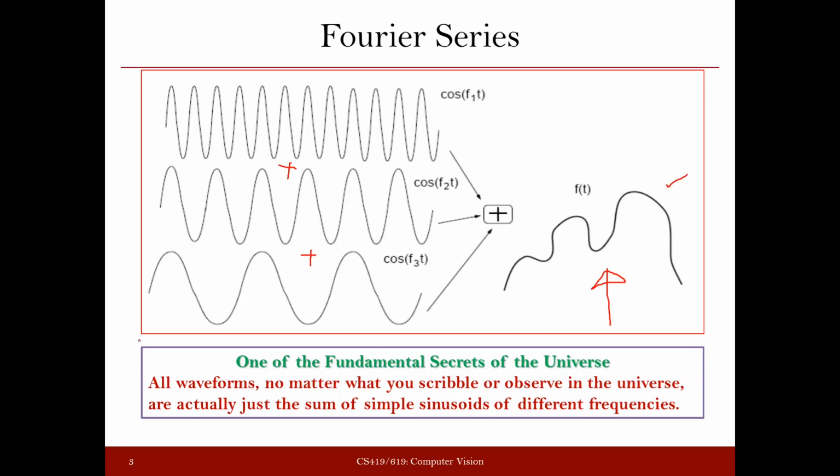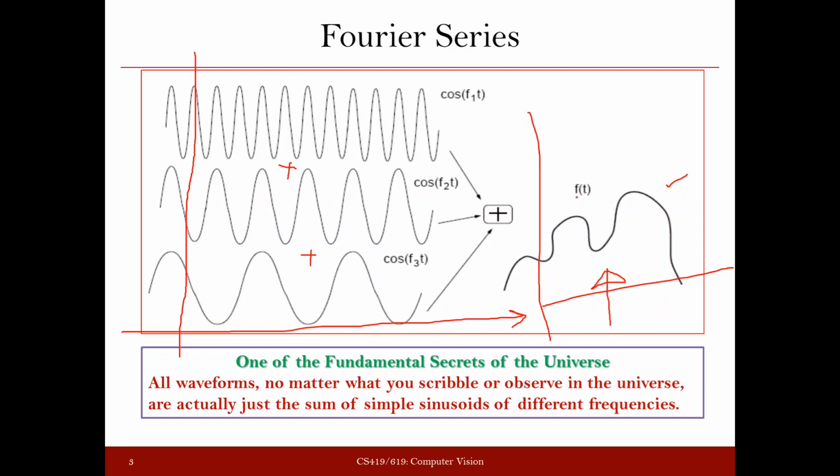So for example, if this is your one axis, and for a particular point you take all the values and sum them, you will get the corresponding value in your f(t) domain. Okay, so suppose this particular point is represented with the help of this point, and this point here. If you sum all these three values, you will find that the value will be equal to whatever you have here. Okay.